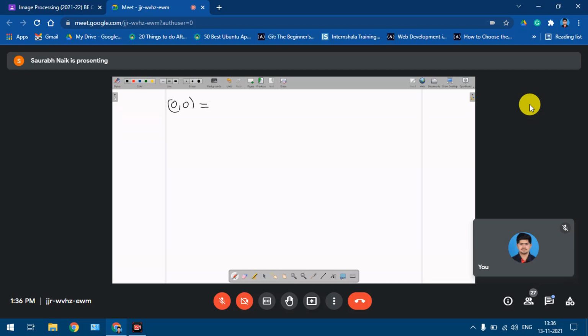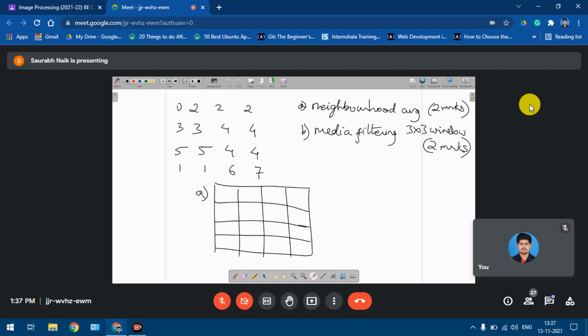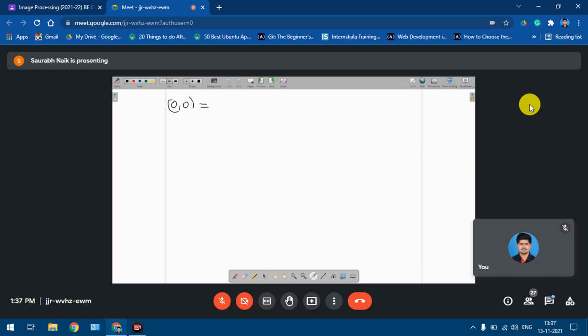Now, whenever you get any kind of convolution operation, in your numerical you're given this as the image. This entire thing, this 4x4, is your image. Okay. And the convolution kernel for neighborhood averaging is basically this.